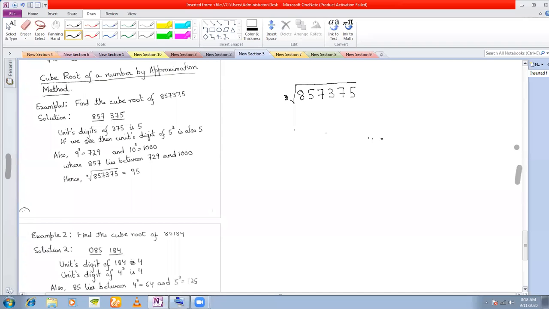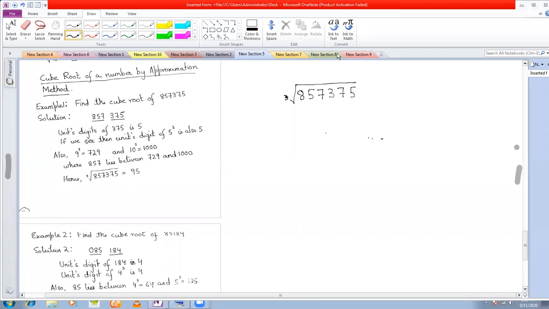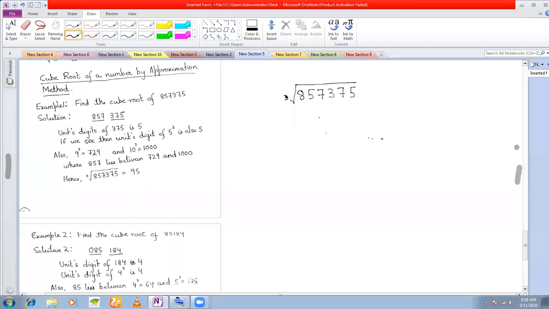Now, if you follow your prime factorization method, it's going to be very long. Better to find the cube root by approximation method. So what you do here is you write the digits in this manner and you start grouping the numbers in threes, starting from the right hand side.